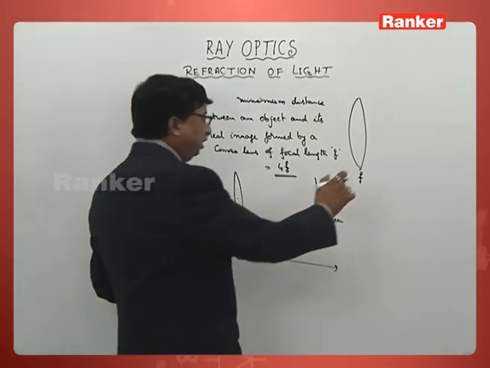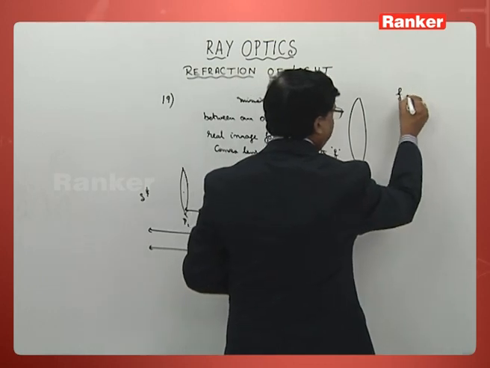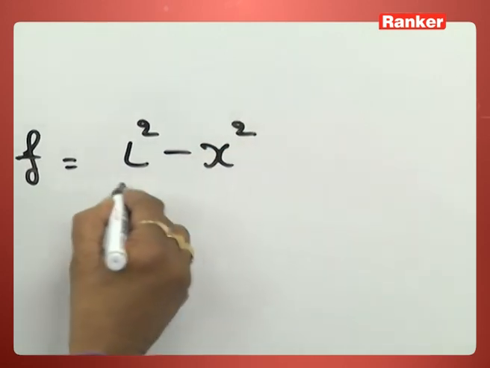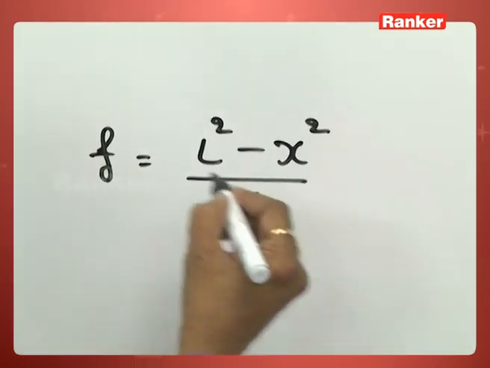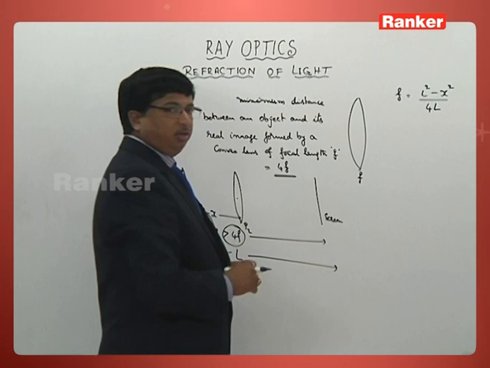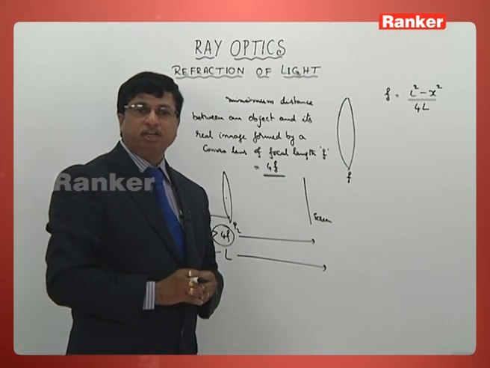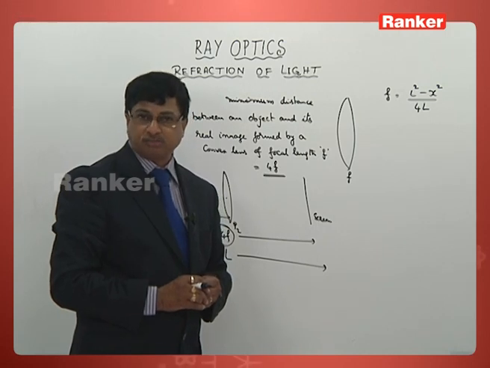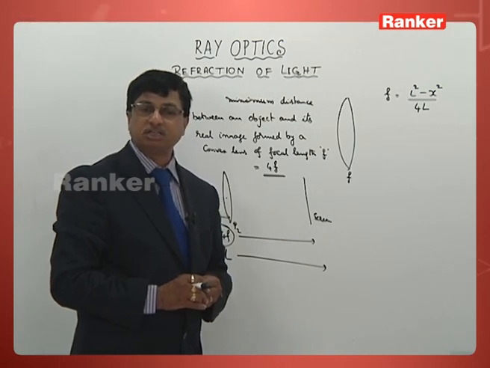Then what will be the focal length of this convex lens? L square minus x square by 4L. It is one particular method, we call it the conjugate foci method. In that method, we can estimate the focal length of the convex lens given.